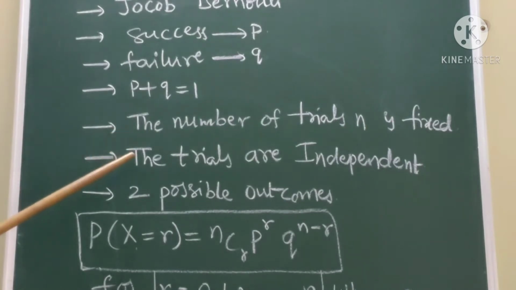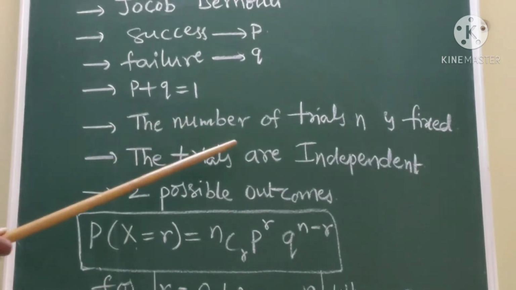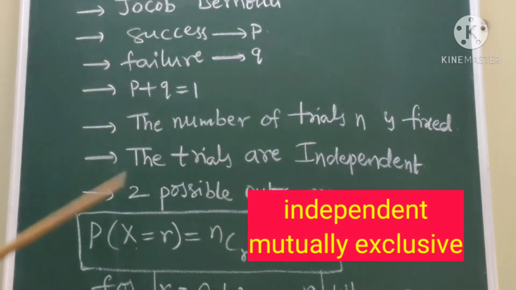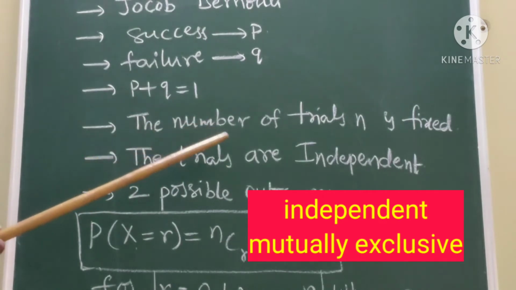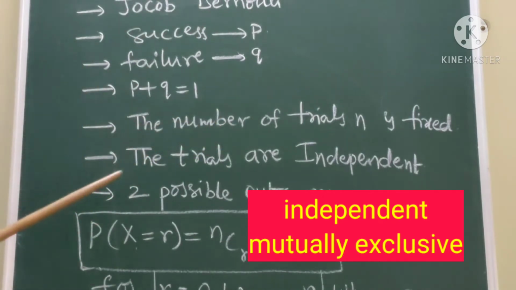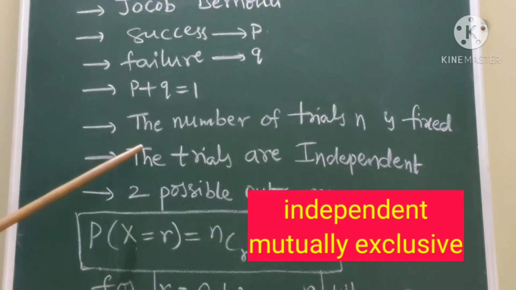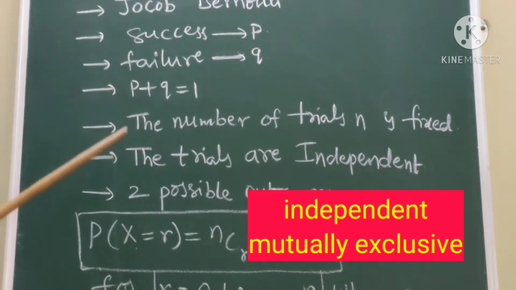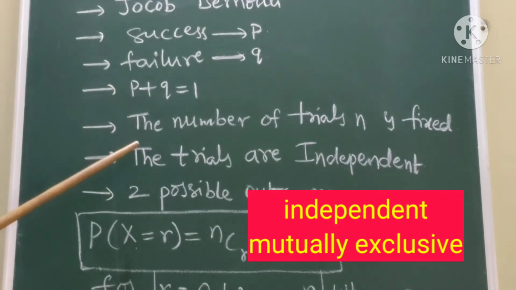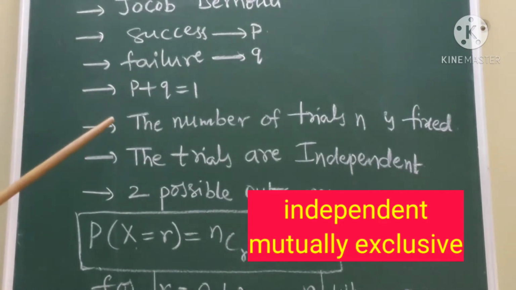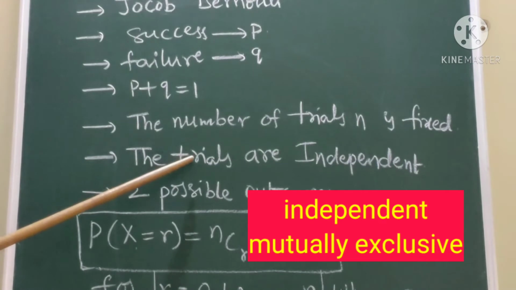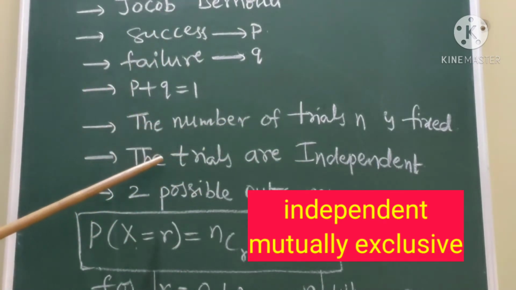Next, the trials of the random experiment are independent and also mutually exclusive events. If you take any trial of the random experiment, the trials are independent of each other. That means they do not depend on each other.